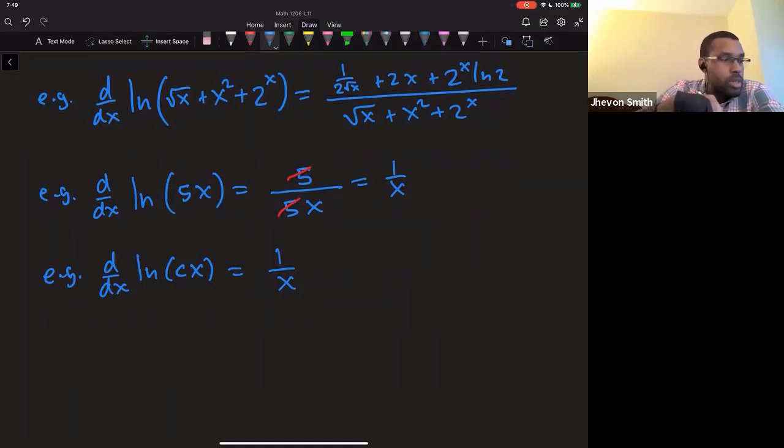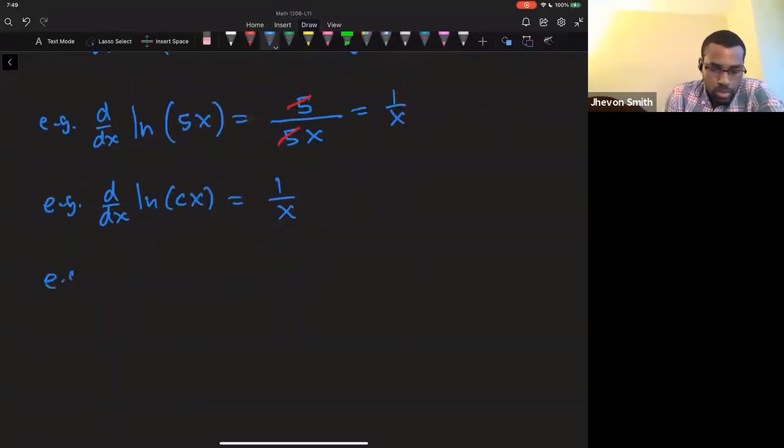Ln of c would be a constant, derivative of that would be 0. So this is actually equivalent to just taking the derivative of ln x. So if you have just a constant times x, the derivative is still 1 over x. In general, once your c is something that can be in the domain, it'll work out. Here's something, if I put a negative x in there, then that's also going to be 1 over x.